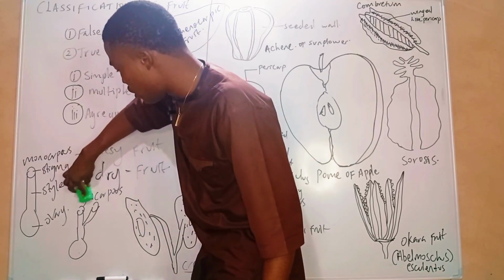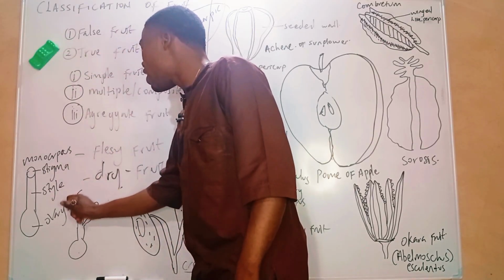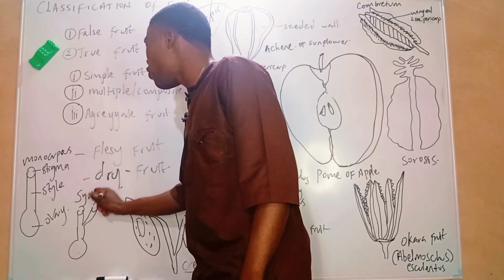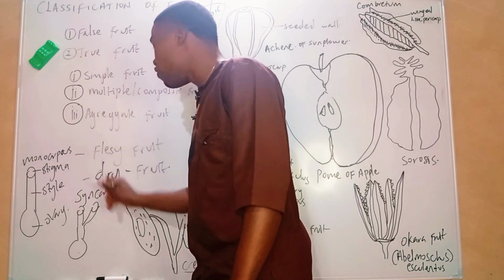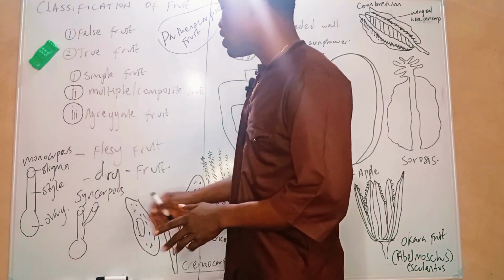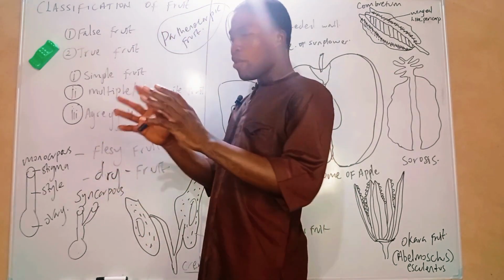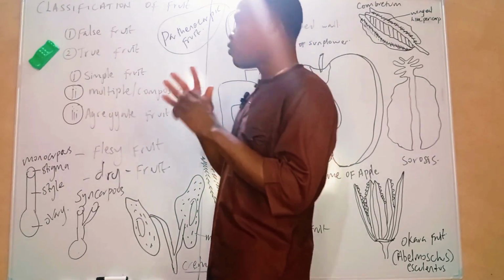Remember, it is the ovary that becomes the fruit. That should not be forgotten. So this is a syncarpous pistil. Usually many carpels unite to form a single ovary.